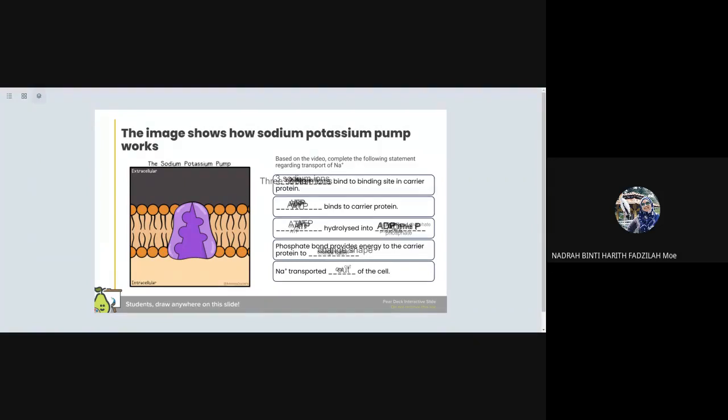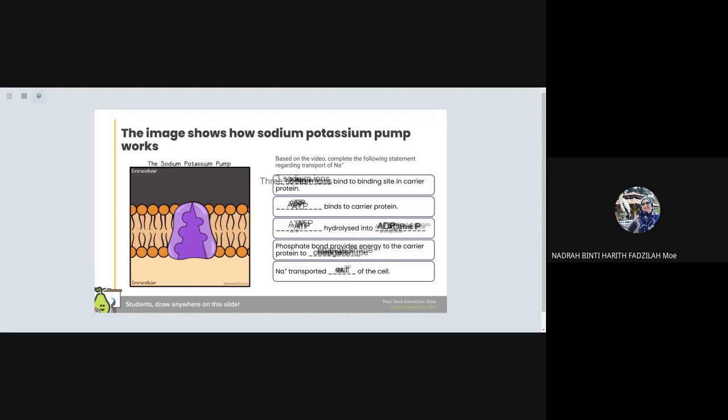So, the phosphate bond provides energy to the carrier protein to change shape. When the protein has changed shape, Na plus is transported out of the cell. Jadi matlamat sodium potassium pump ni is to transport 3Na plus out of the cell and transport 2K plus into the cell.